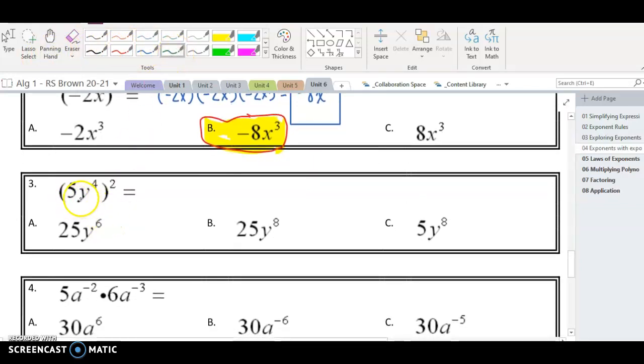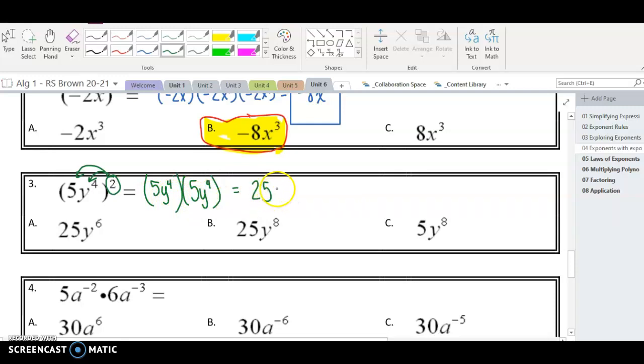All right, so I have 5y to the fourth power raised to the second power. Remember, this applies to everything inside of there. It applies to the 5, and it applies to the y to the fourth, okay? So what that means is I have two groups of 5y to the fourth. So I'm going to multiply 5y to the fourth times 5y to the fourth. 5 times 5 is 25.